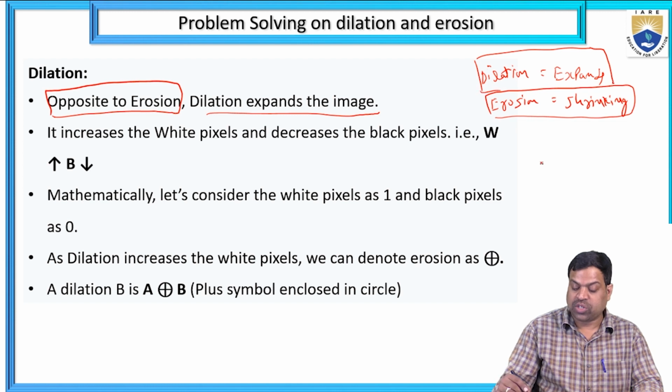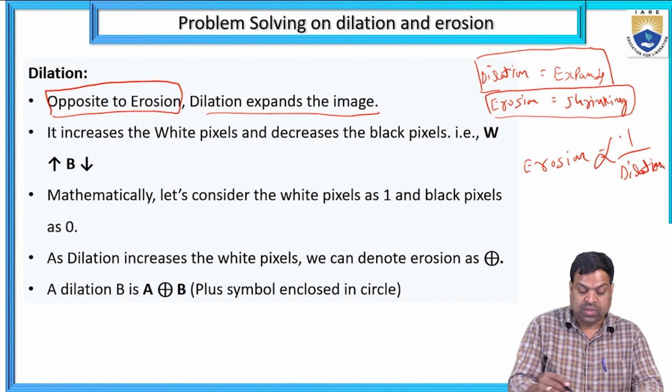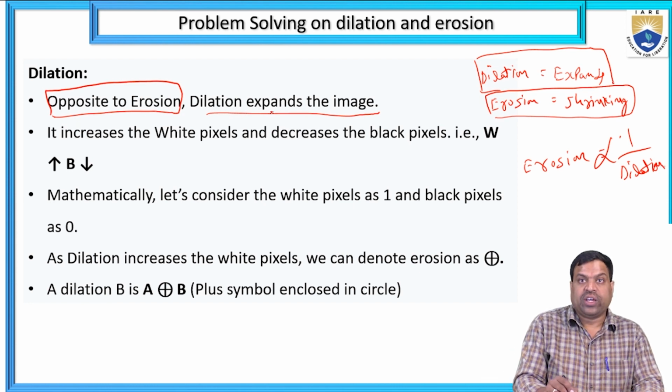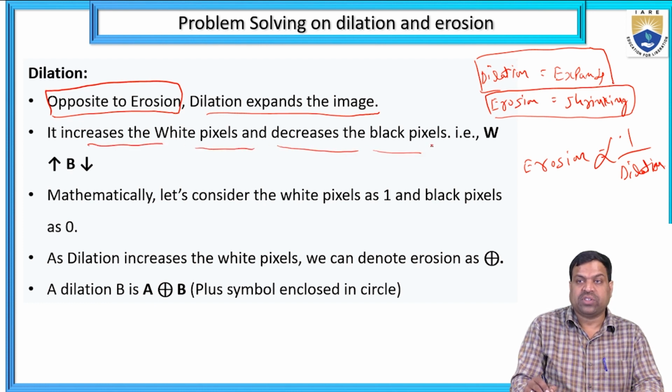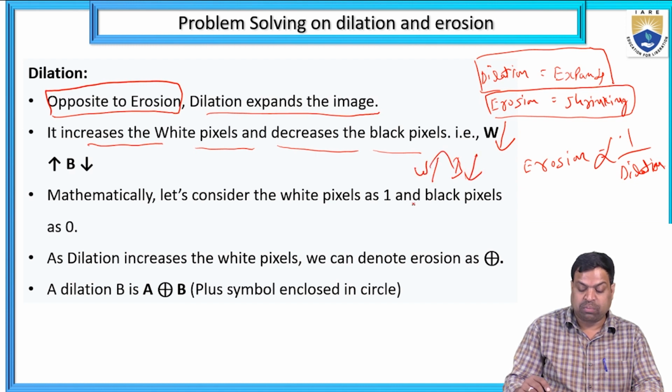Is it inversely proportional or not? Yes. So it is the opposite to erosion, and dilation expands the image. It increases the white pixels and decreases the black pixels. So increasing the white and decreasing the black.